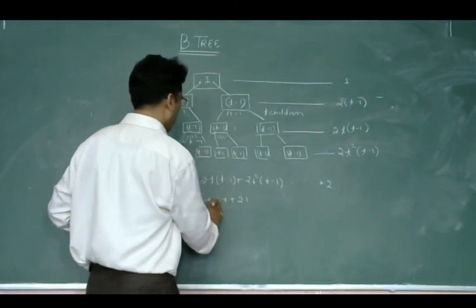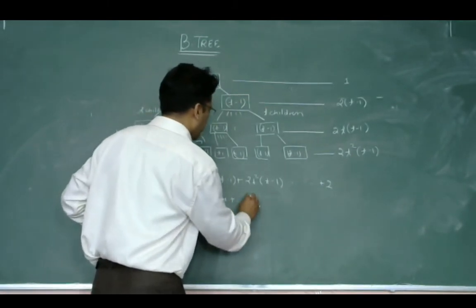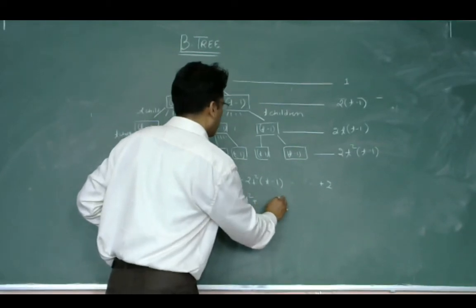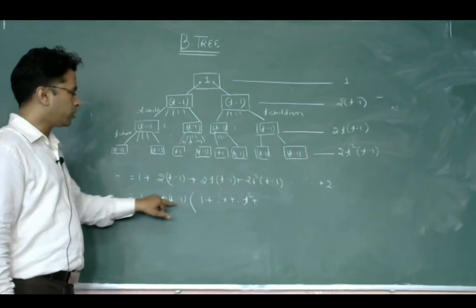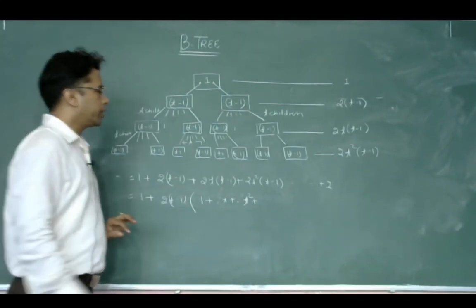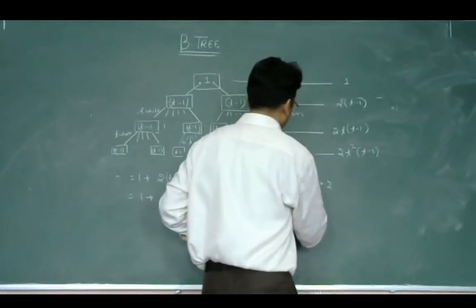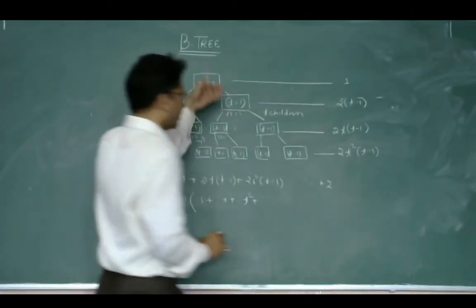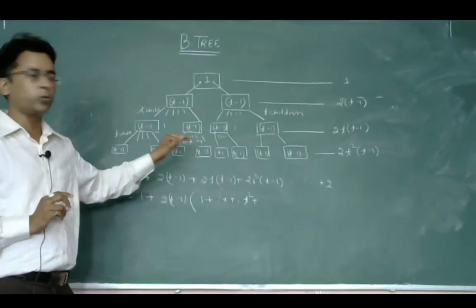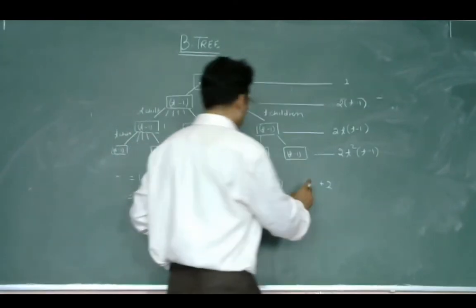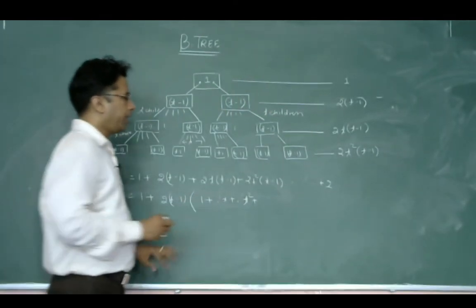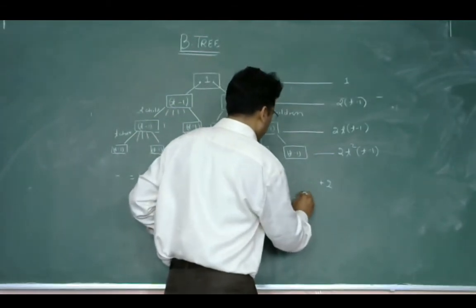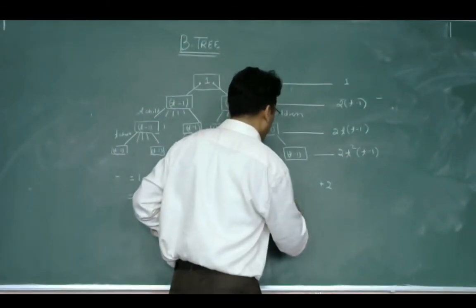We have taken 2 common now, 1 plus t plus t square plus so on, right? And we have taken common 2 into t minus 1. This will go on till the height of the tree. Suppose the height of the tree is equal to h, so this will go up to t raised to the power of the height of the tree.